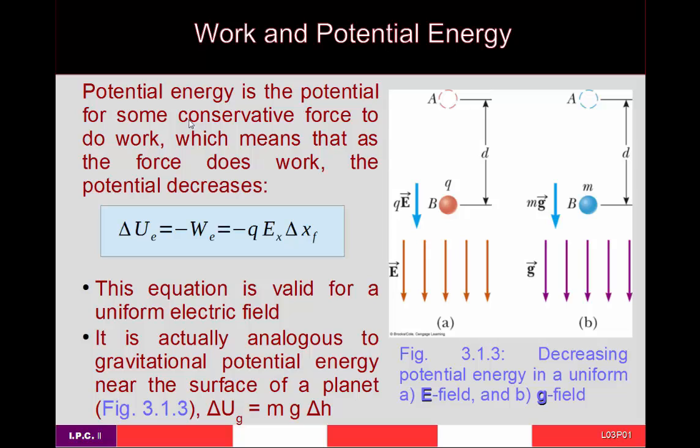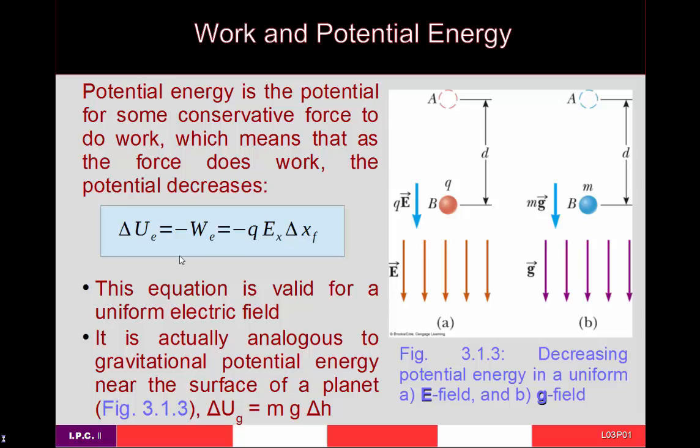As has been said a couple times already, potential energy is the potential for some conservative force to do work on an object, and that means that as you actually do work on the object, you are going to decrease the amount of potential energy that is stored in that object. So the relationship in general is that change in potential energy is equal to the opposite of the work done.